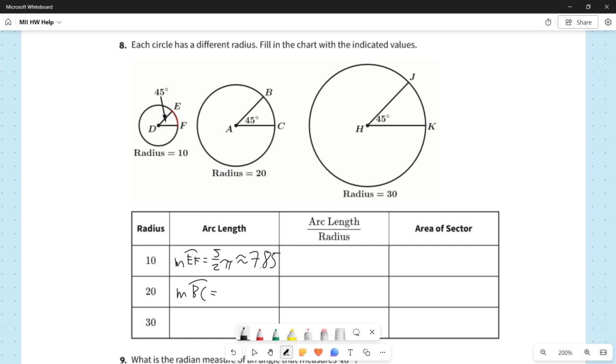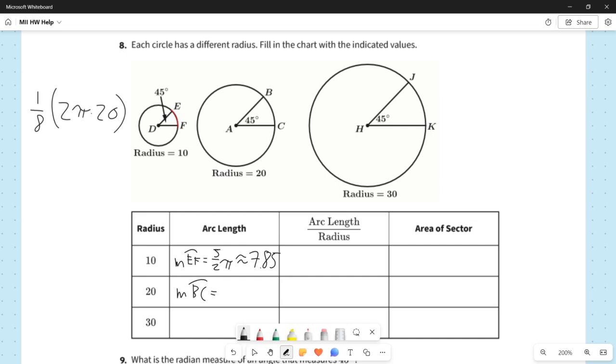And we already know that 45 over 360 is 1/8, so I'm not going to do that again, right? So what we want here is 1/8, because again that's 45 over 360. We want 1/8 of my total circumference, and when my radius is 20, my circumference is 2 times pi times 20. That's my formula for circumference of the entire circle.